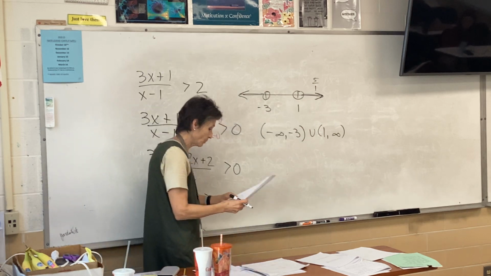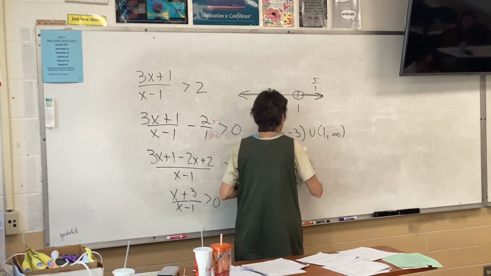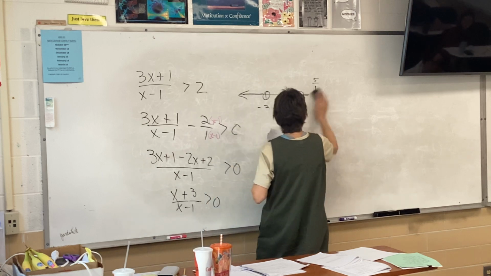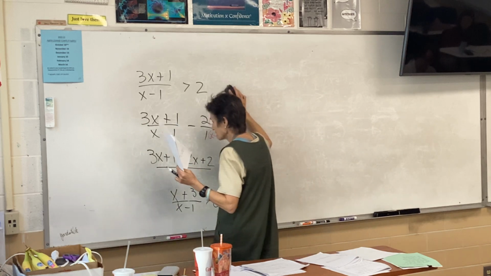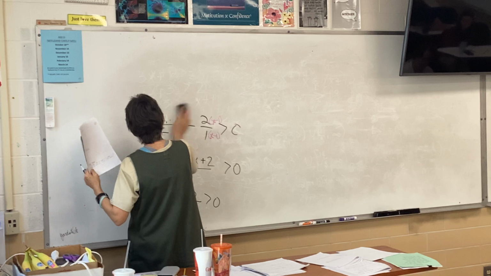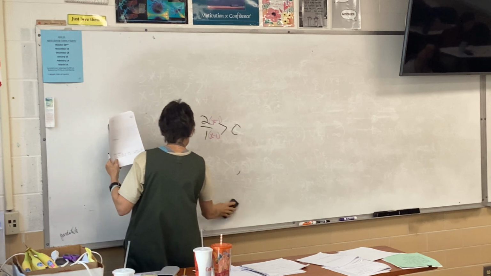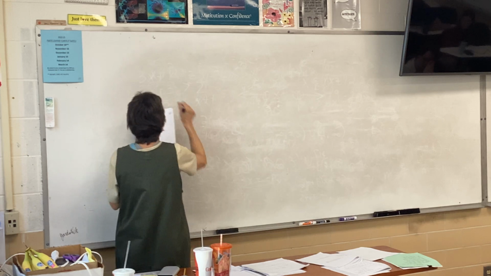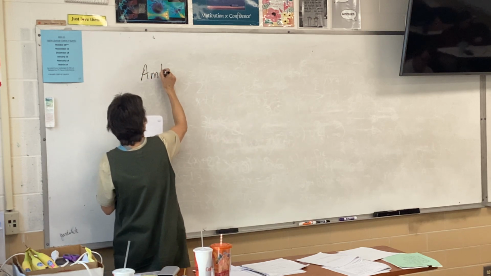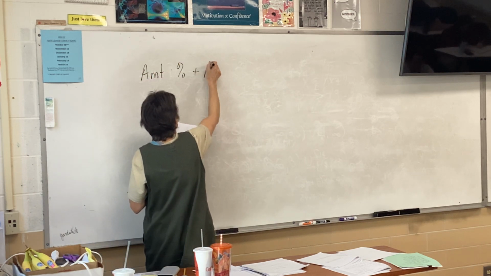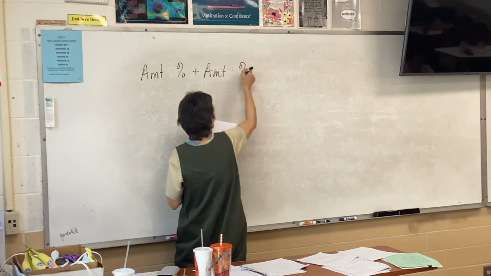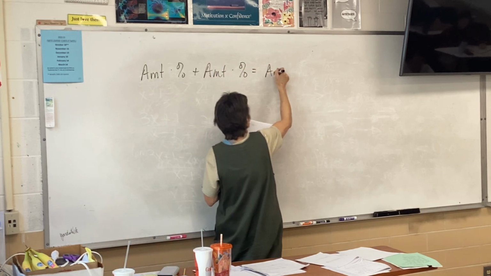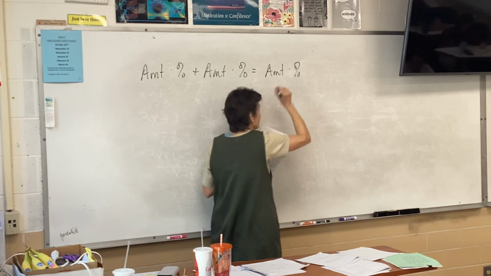All right, let's look at the word problem here. Oh my gosh, a mixture problem. This is a blast from our past. Guess what? We're doing them again. How do we set this up? Who remembers? Amount times percent plus amount times percent equals amount times percent.